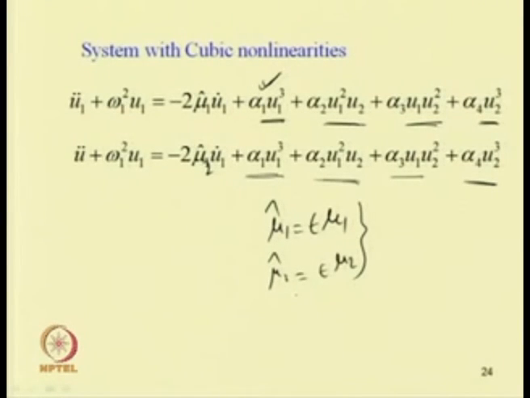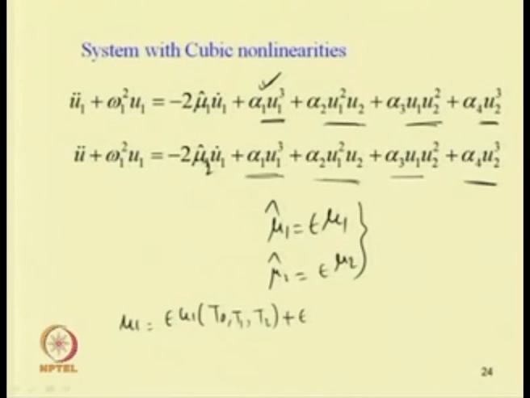Here also we can find the equations. Let us take u 1 equal to epsilon u 1, which is a function of t 0, t 1, t 2, plus epsilon.